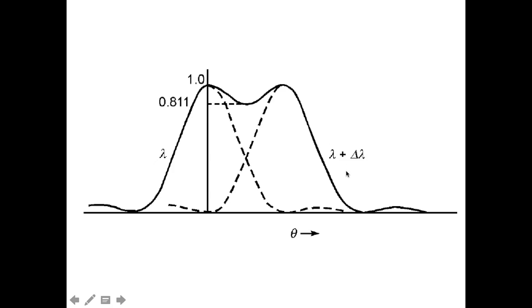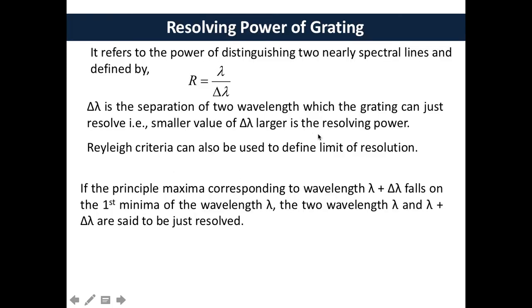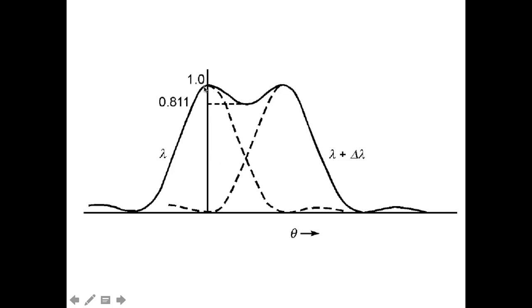So now the principal maxima corresponding to the wavelength lambda plus delta lambda falls on the first minima of the wavelength lambda. Therefore the two wavelengths lambda and lambda plus delta lambda are resolved.